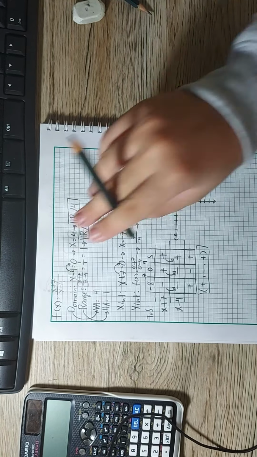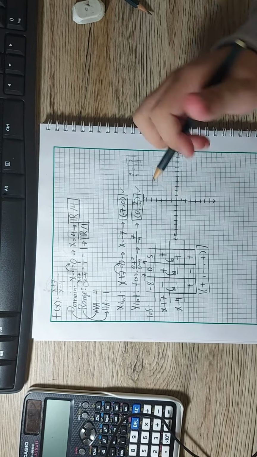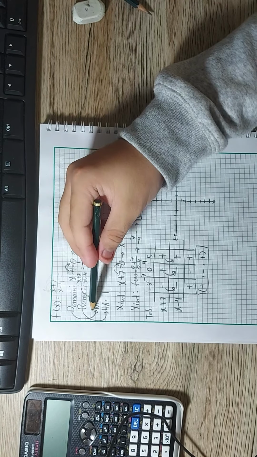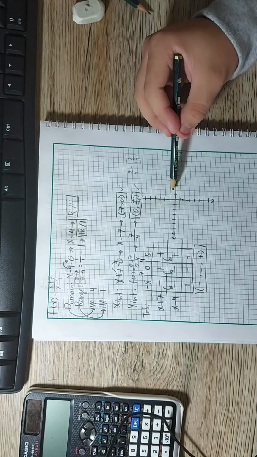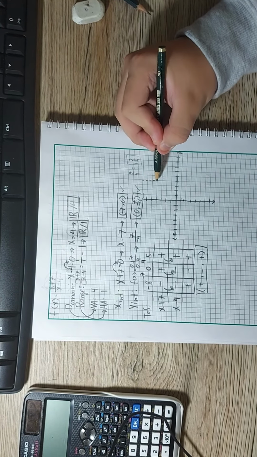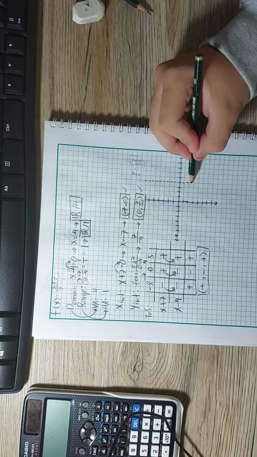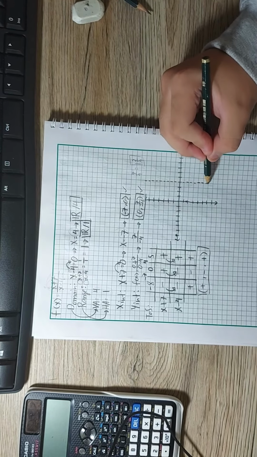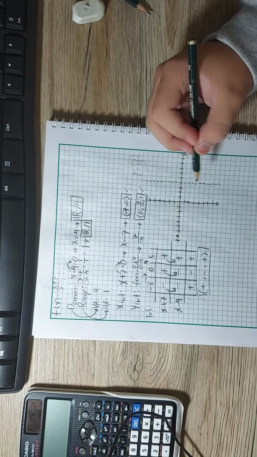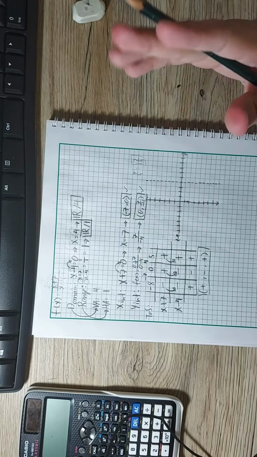So now here is where the vertical and horizontal asymptotes come in. The vertical asymptote is 4, so 1, 2, 3, 4. Here is where the line will be placed. You're adding a line here because this is where our graph is supposed to not touch.